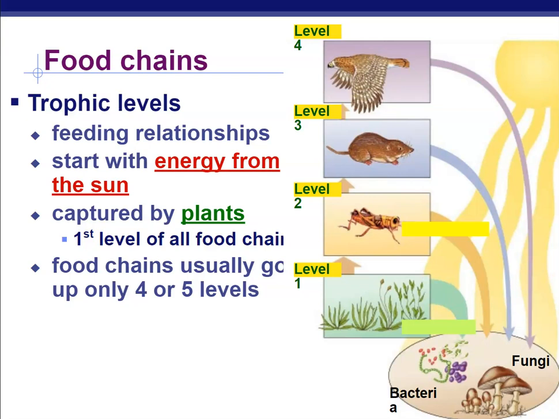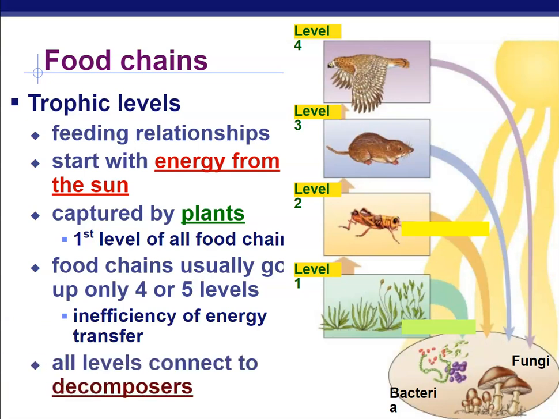And you usually only go up 4 or 5 levels, again, because you have that loss of energy every time there's a transition from one level to the next. It's inefficient. And then all things end with decomposers, because eventually we all die and they recycle. So here at our first level, you have the producer, some sort of autotroph. Then the thing that eats the producer is called a primary consumer.